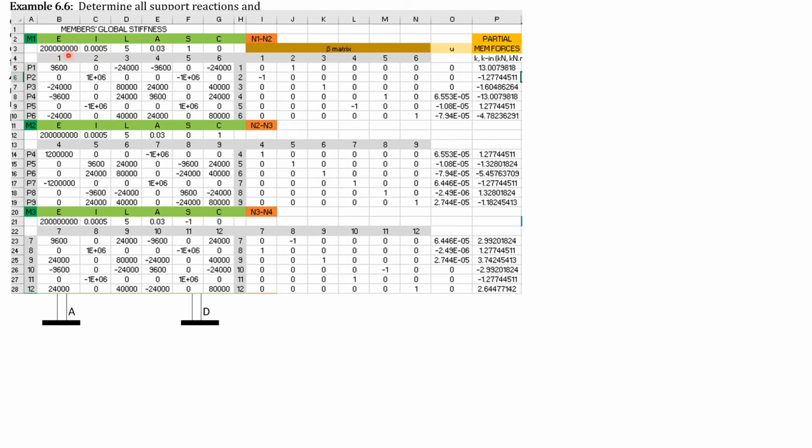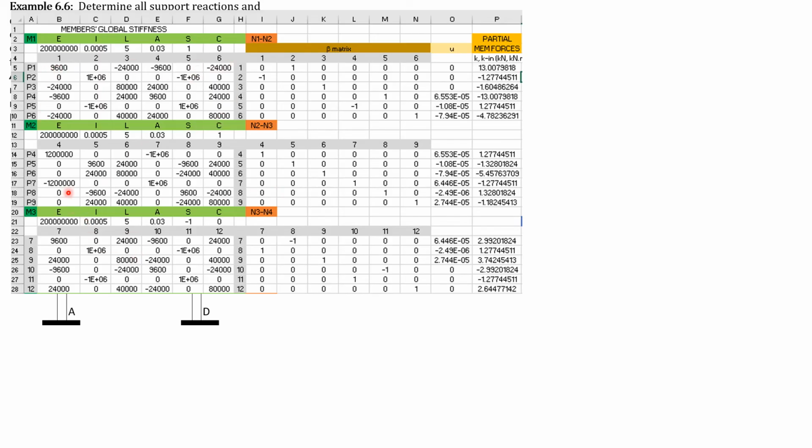Modulus of elasticity is 200 times 10 to the 9. Then when you input this in the matrix calculator, this will be generated automatically: the global individual stiffness matrix for member 1.